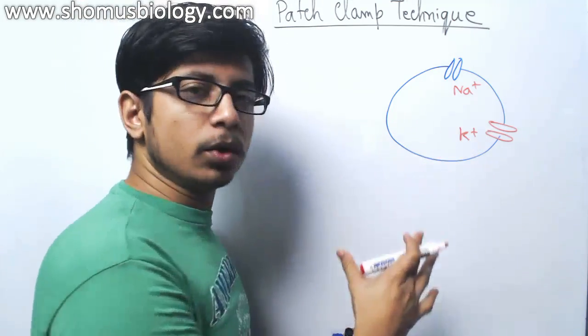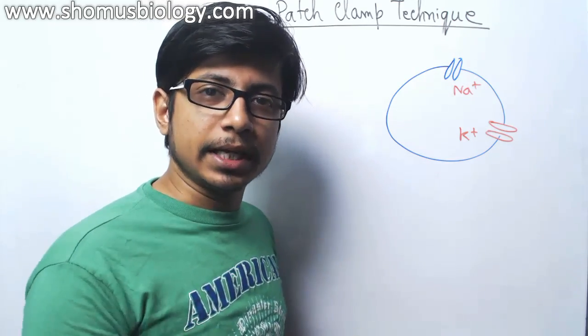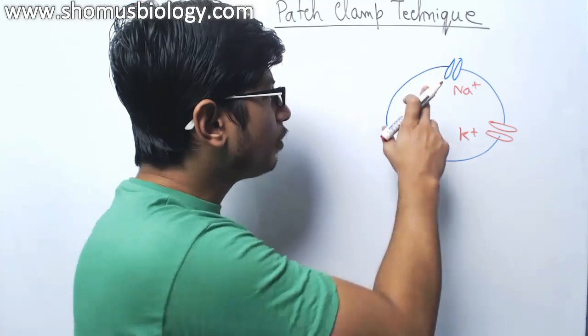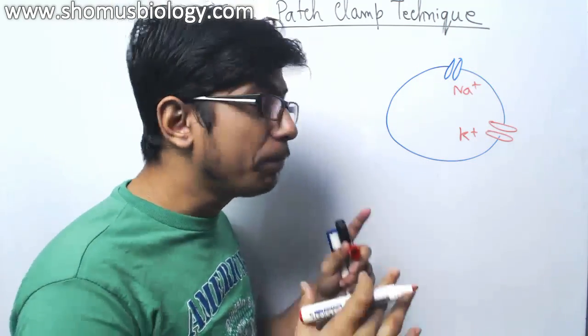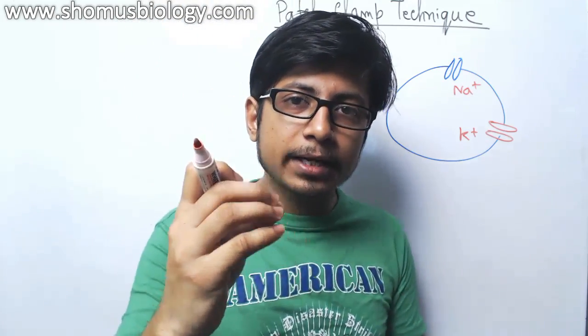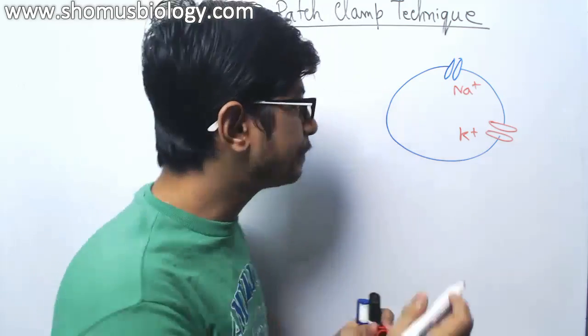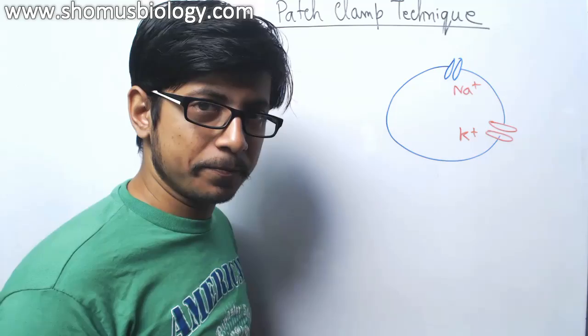Now for a neuron, the number of these ion channels is more compared to other types of body cells. As they have multiple ion channels, the importance of these ion channels is to periodically open and close so that a specific type of ion can go in or out of the cell.